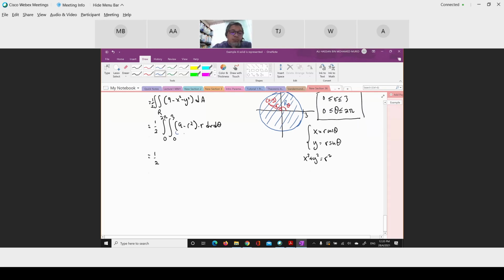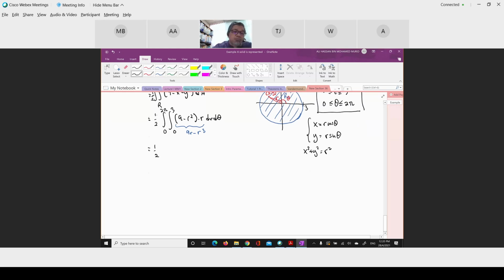So this is the integrand. If I multiply r into the bracket, it is 9r minus r cubed. So first we integrate with respect to r.